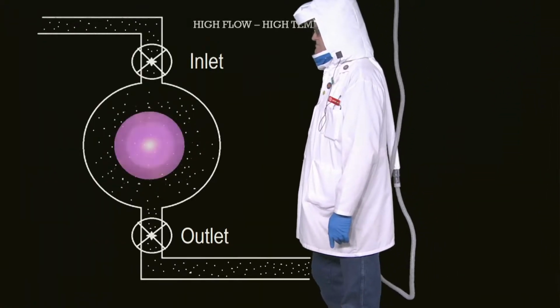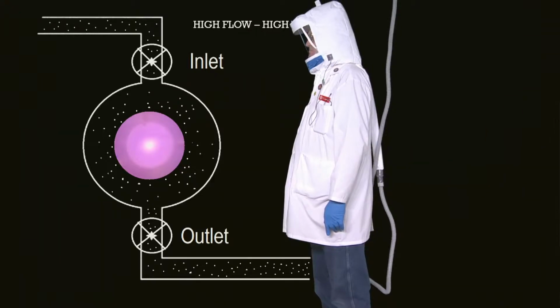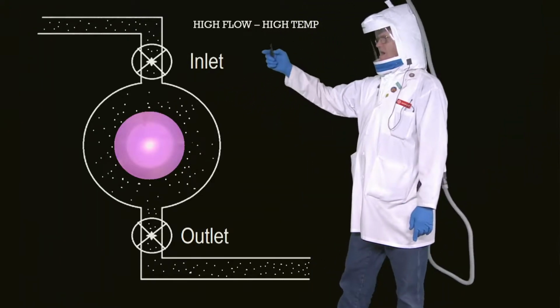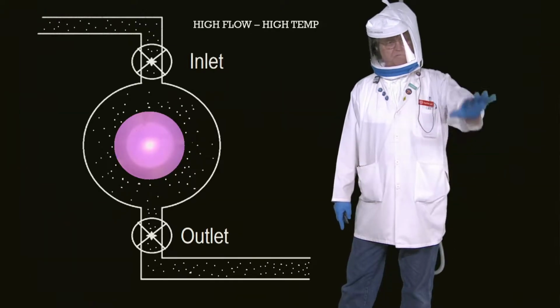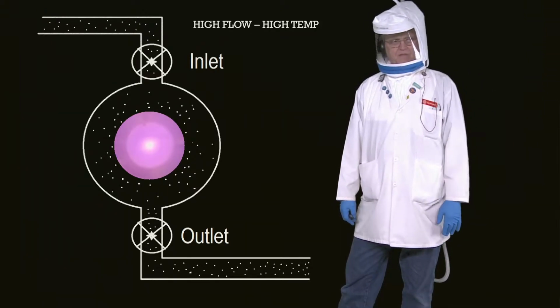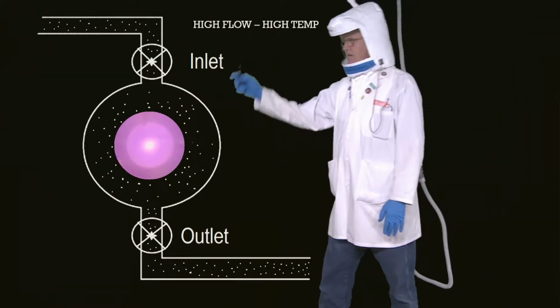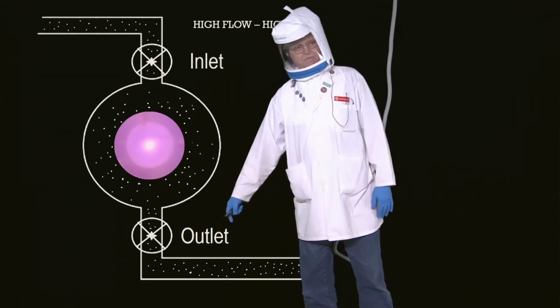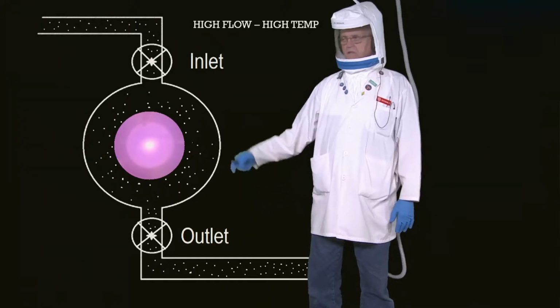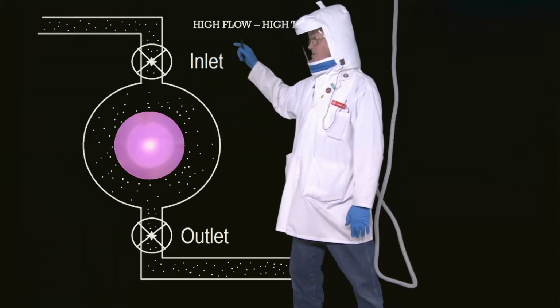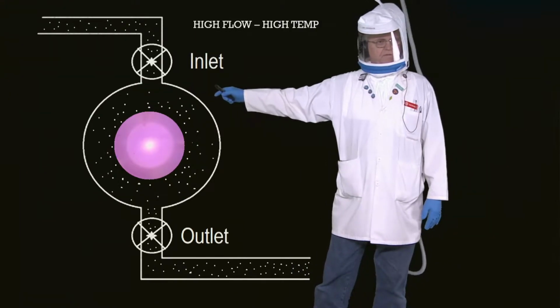So then what happens with high flow and high temp? Well, it'll be better, because we are exhausting a lot of that contamination. Will it be as good as high flow, low temp?